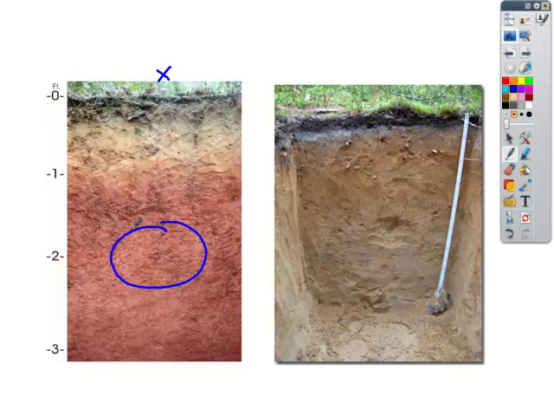But here you can see almost a line right here, a second line almost right there, and then of course the very clayey subsoil down there. So in this particular case, you're looking at a very, very shallow A horizon with your organic material at the top, and then down here is your B horizon or subsoil.